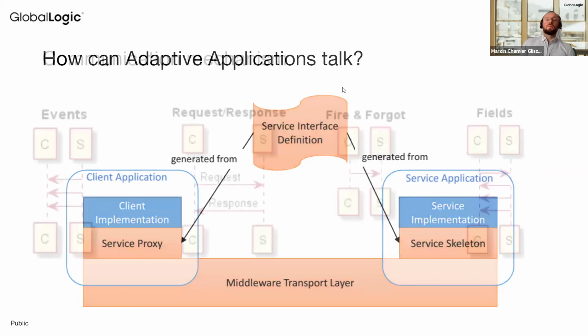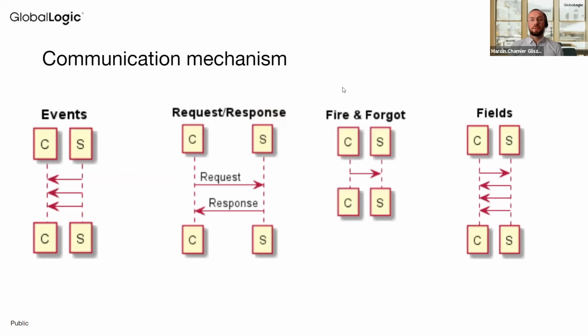So what are the possibilities for communication using the ARA XML? In the ARA XML, we will define the service, and for the service we can provide communication based on events, so service to client notifications; methods for request-response, so synchronized method calls; and asynchronous calls or fire and forget, where we do not expect any response from the service.